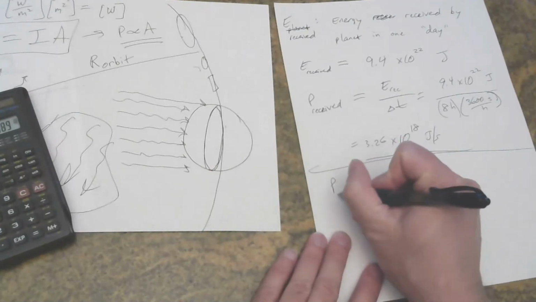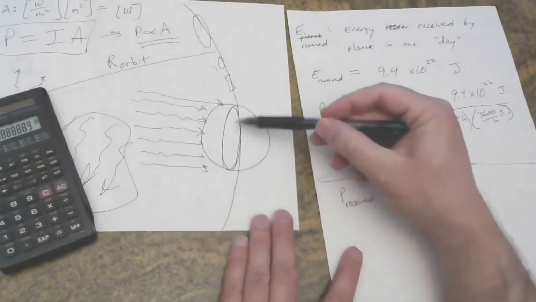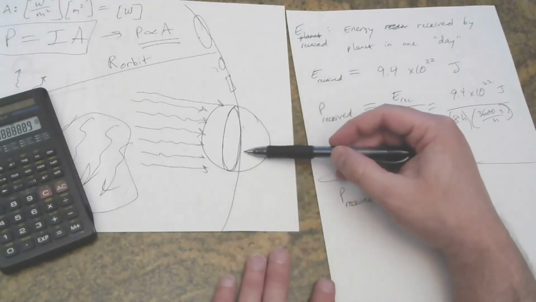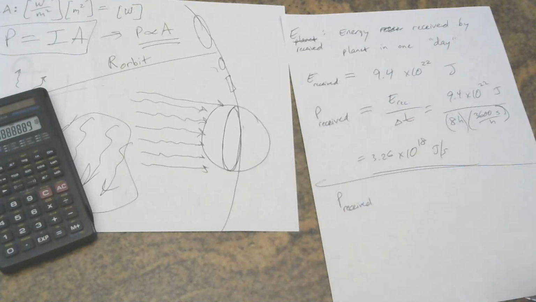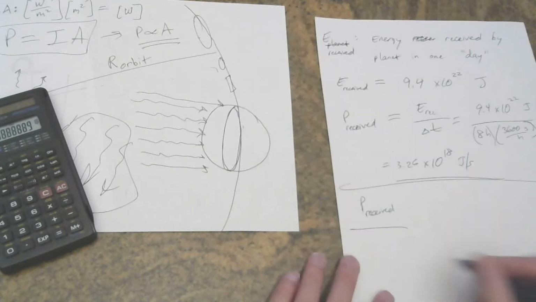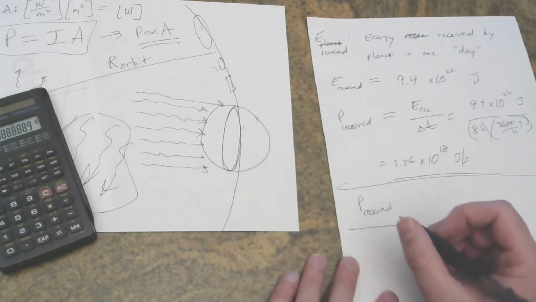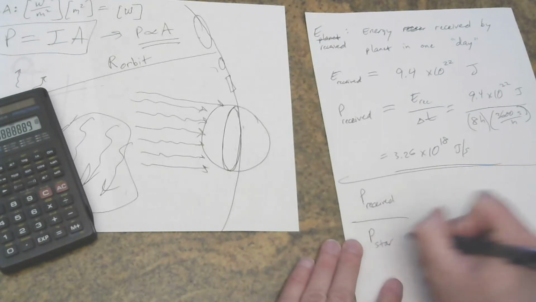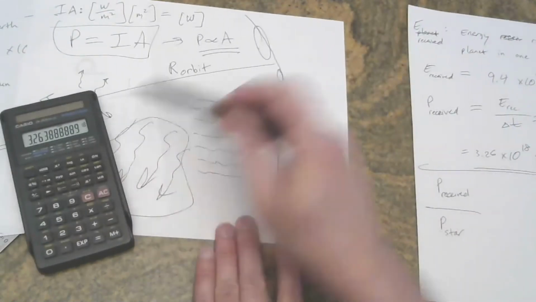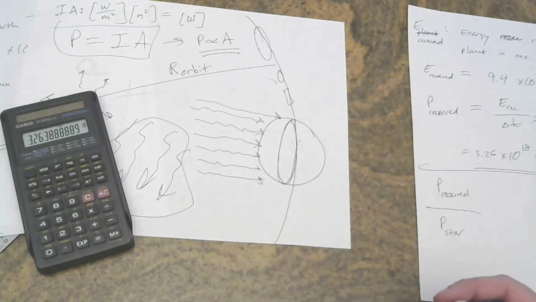The power received by the planet, remember that circular cross section is what tells you how much of the power is being intercepted. That power received compared to the total power output of the star. Because remember, the total power coming out of the star is distributed over this ginormous imaginary sphere at radius R orbit.